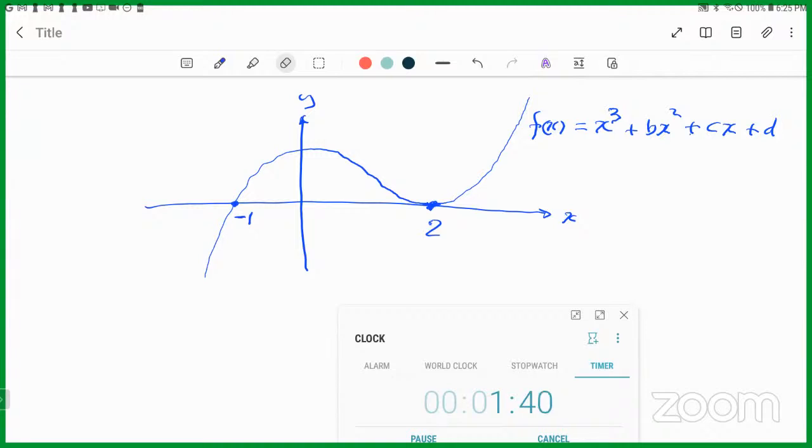One minute, 40 seconds to go. You'll be shocked how easy this question is. 50 seconds.